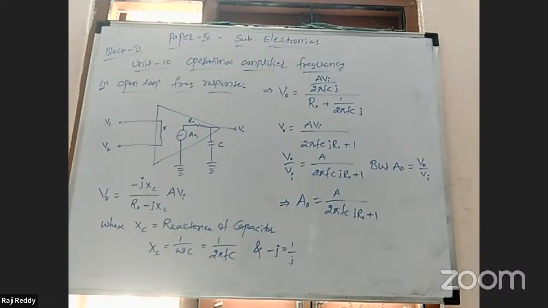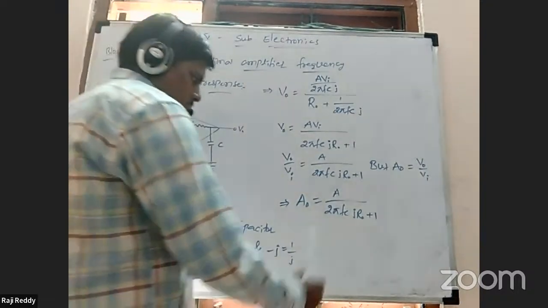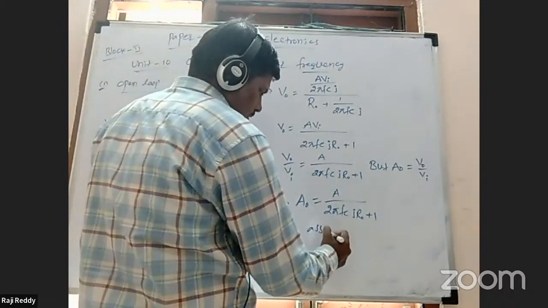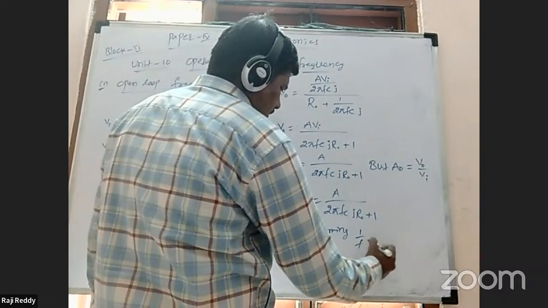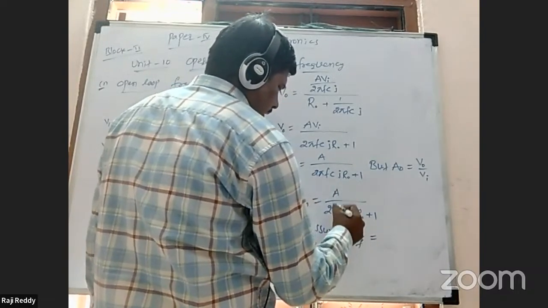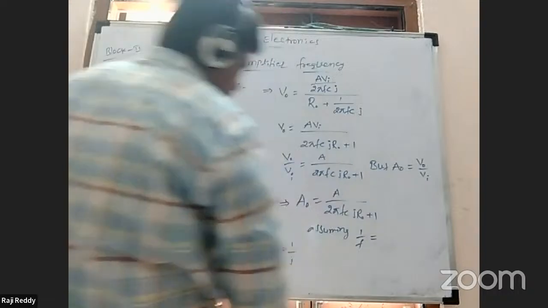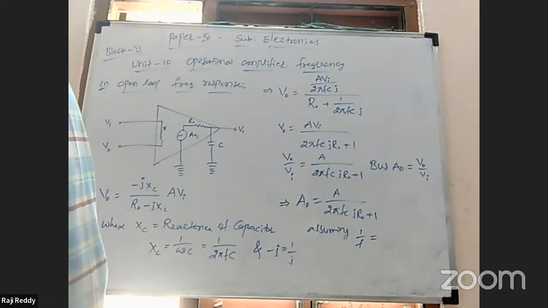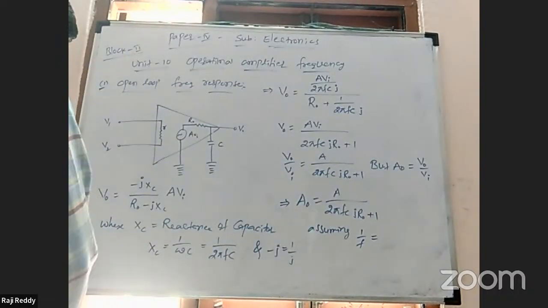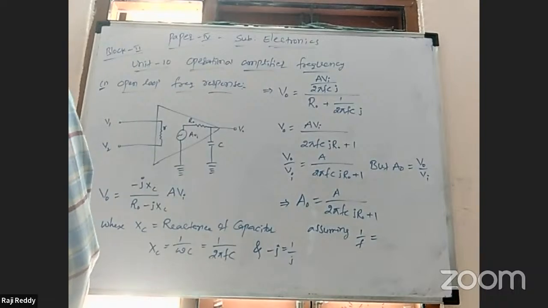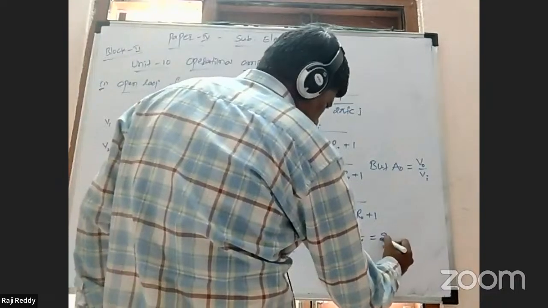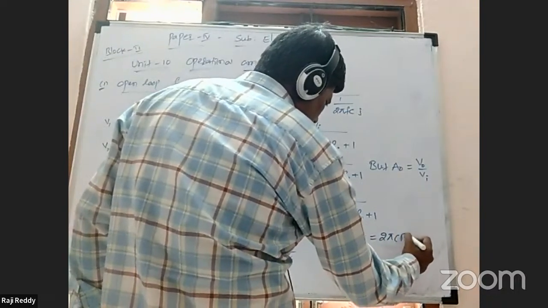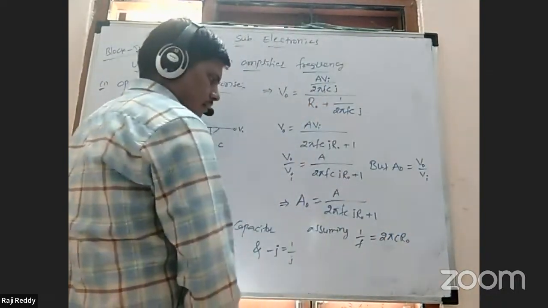Now here we can assume 1 by f is equal to 2 pi c into r naught. The 2 pi c r naught value I'm considering here is 1 by f.